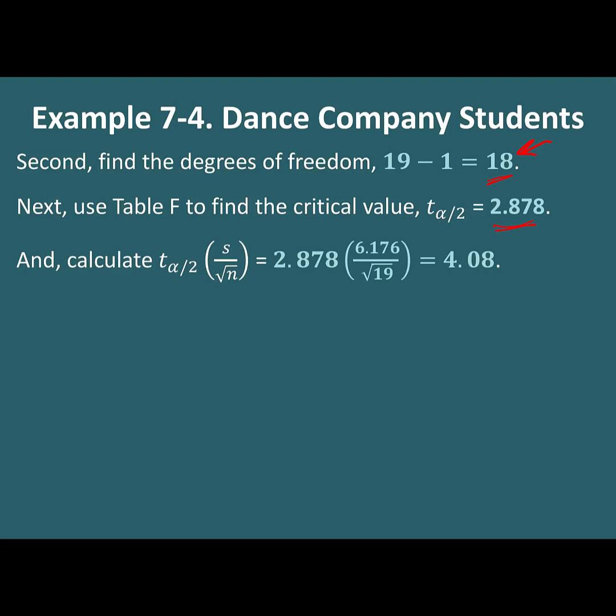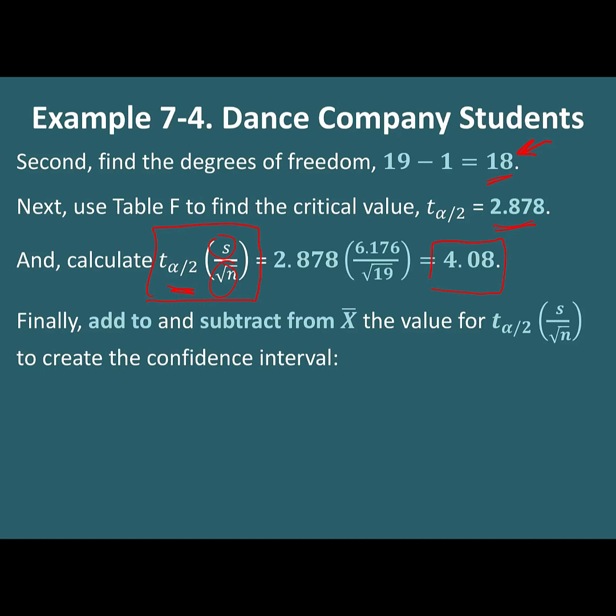Now go ahead and calculate this expression here. Essentially, take the critical value that you just found and multiply it times the standard deviation divided by the square root, in this case, of 19. Recall here that n is equal to the sample size itself. Once that is calculated, go ahead and enter it into your compound inequality. We will add and subtract from the sample mean.